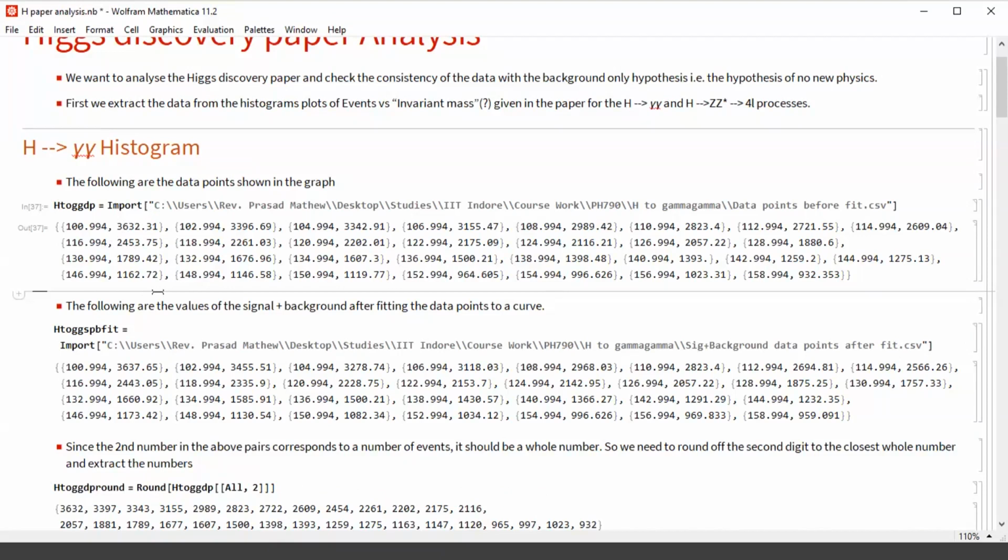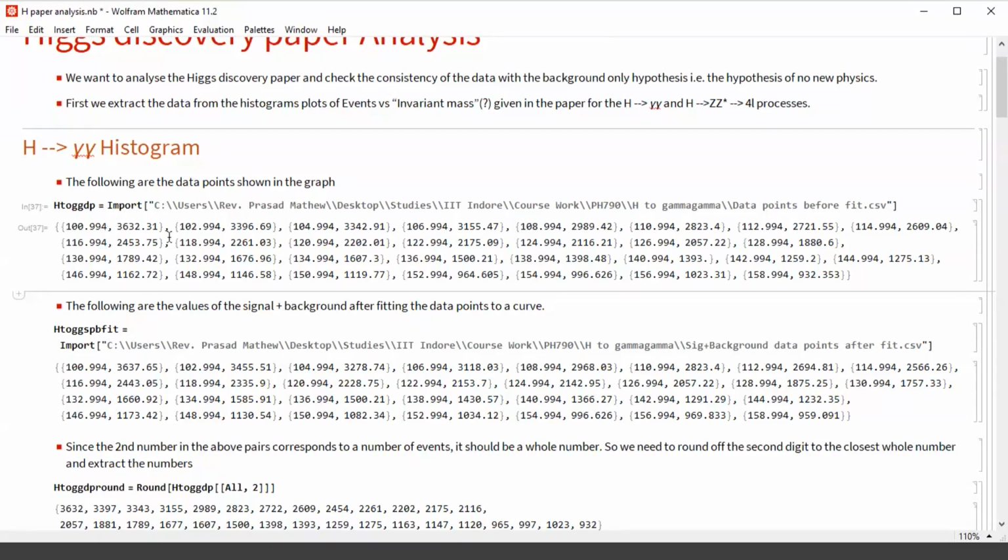You need to approximate the x-axis. For example, 100.994 is approximately 101, right? Yeah, that's 103.